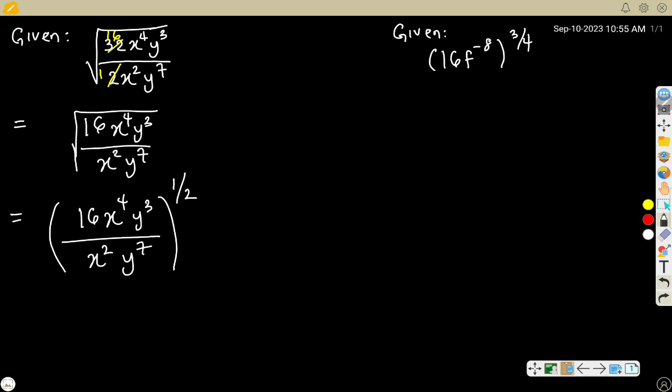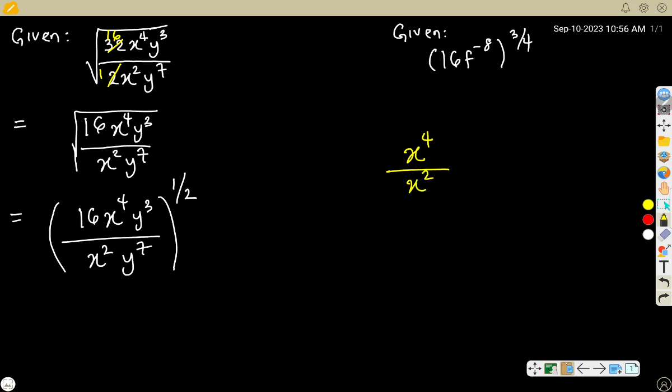Now let me cancel the x's too. Remember I said 2 here 1, 2 here 16. So to cancel the x's, how many x do I have here? I have 2, that is x squared. I have how many here? I have 4. So look at law of indices. I have x raised to power 4, which is this one, divided by x raised to power 2, which is this one, like that.